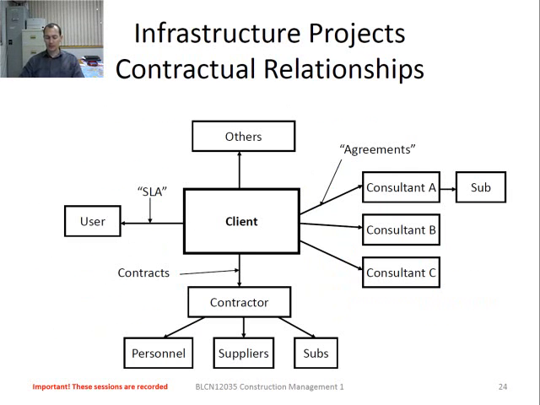If we think about the types of relationships we have when it comes to how we deal with business, this is also going into assessment items 2 and 3. We have to think about where we position ourselves. What are the service level agreements that we're going to have with the end user of our products? If we're going to build a gas to liquid plant, what kind of scope are we going to get from them?